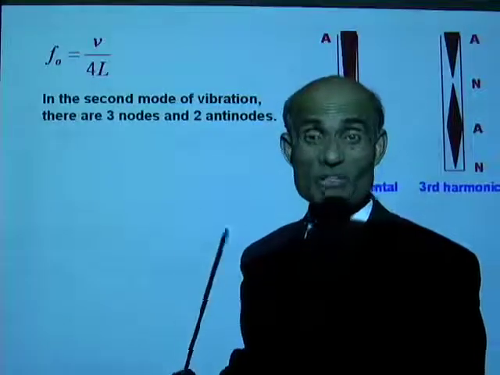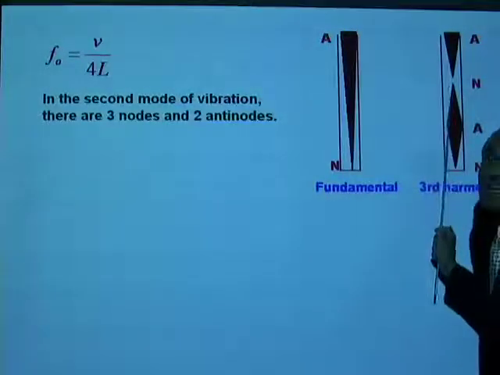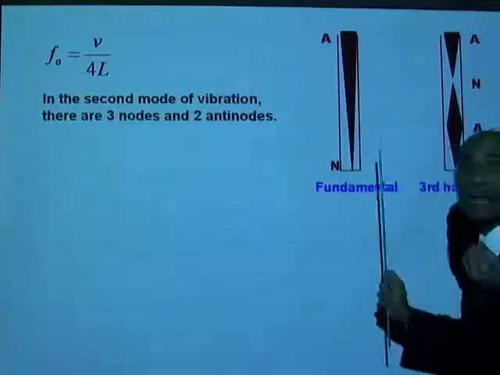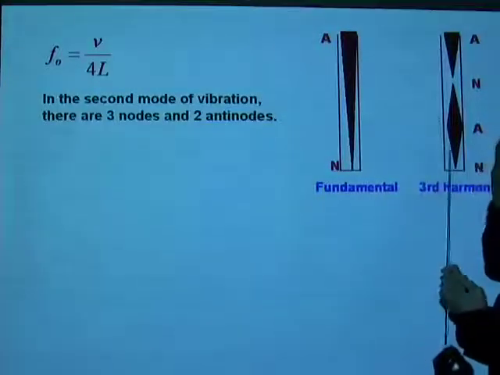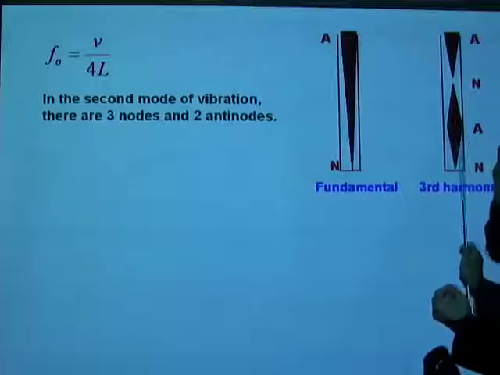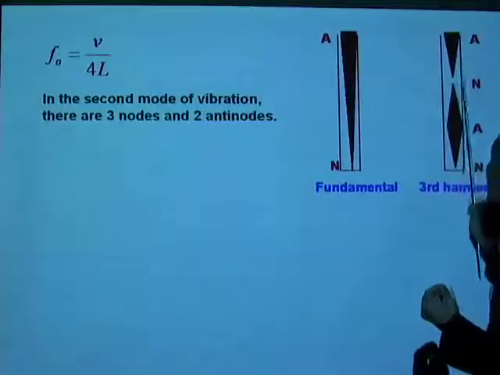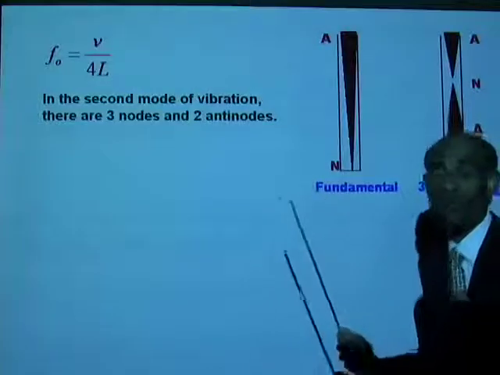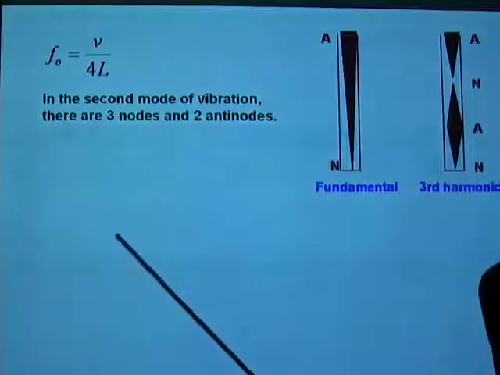So what is the relation between the wavelength of the wave inside the tube and the length of the tube? The whole length of the tube now contains 1/4 plus another quarter plus another quarter. There are 3/4 of a wavelength inside the tube now.